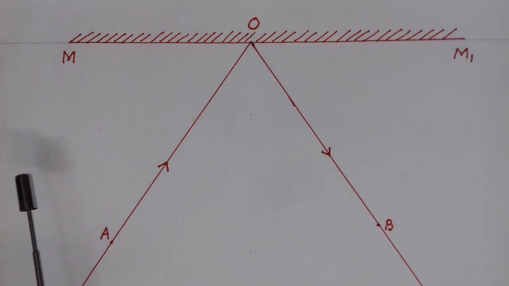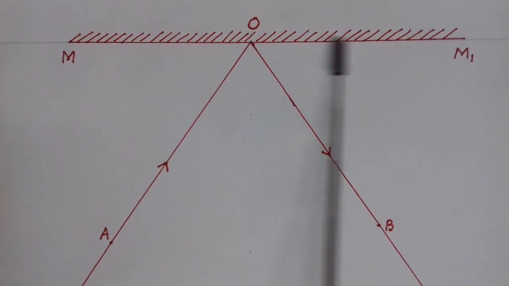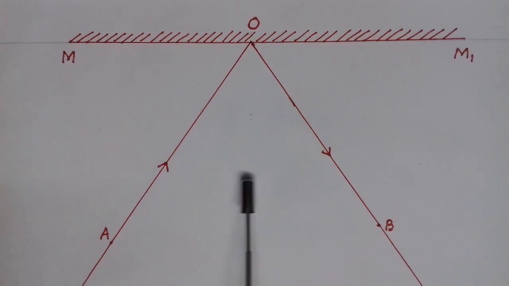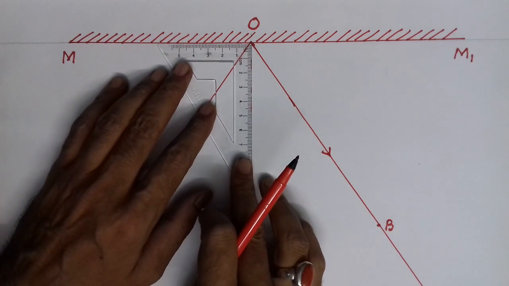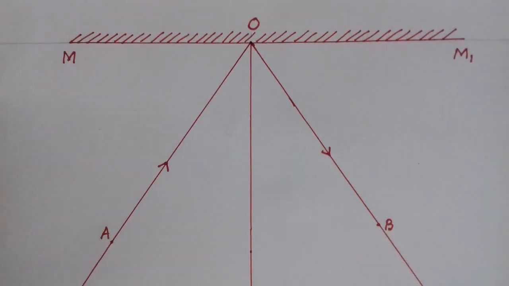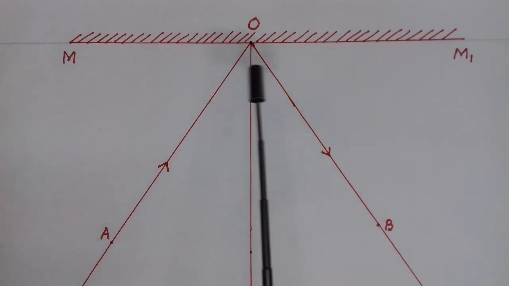If we draw an imaginary line at the point of incidence on the plane of the reflecting surface, let's draw it first. We can draw a perpendicular at this point by using a set square. This is the perpendicular at point O on this reflecting surface.